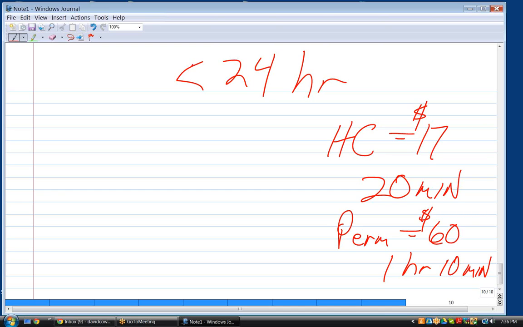Well, the biggest thing with word problems, or the thing you want to start out with, is always define your variables. So let's pick some variables. Let x equal the number of haircuts. Let y equal the number of permanents.